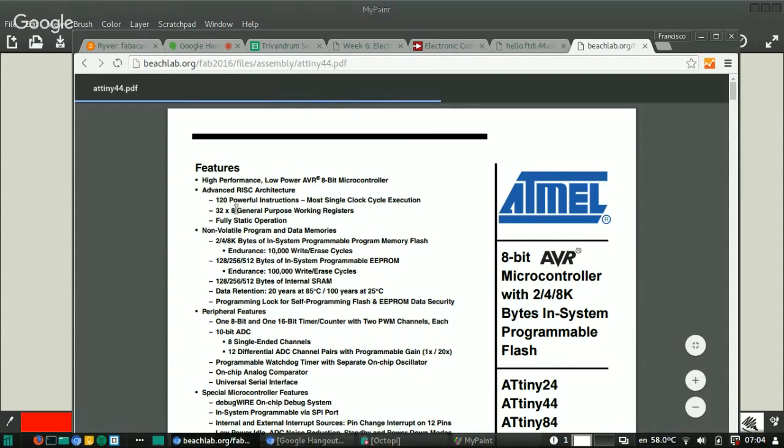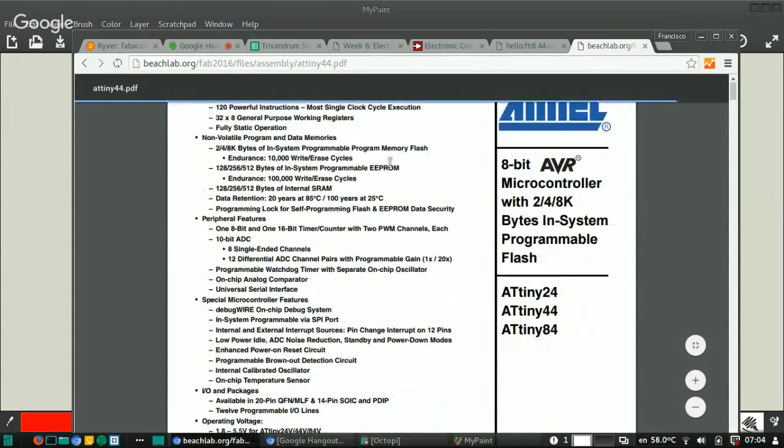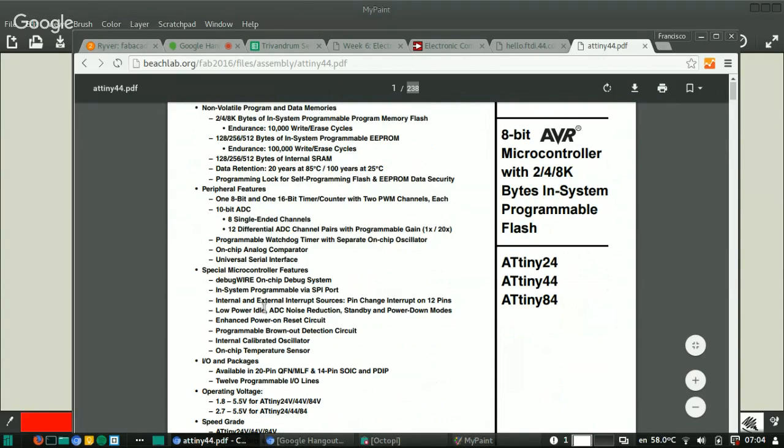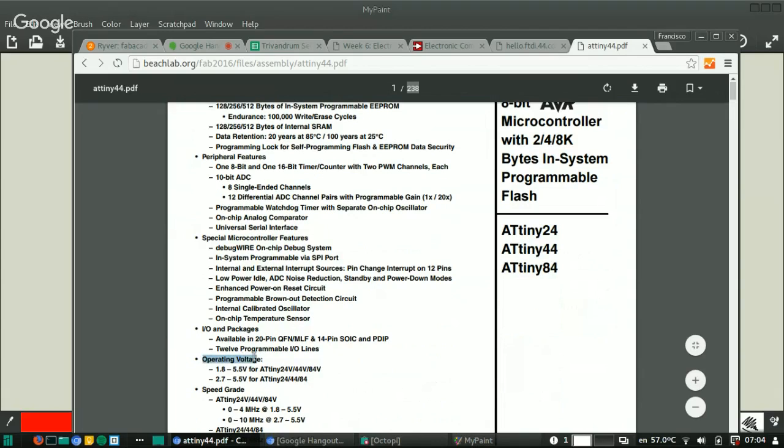This has 238 pages. You don't read this like a book, like a novel. You just look for information. And in here, it's telling you what the operating voltage is.